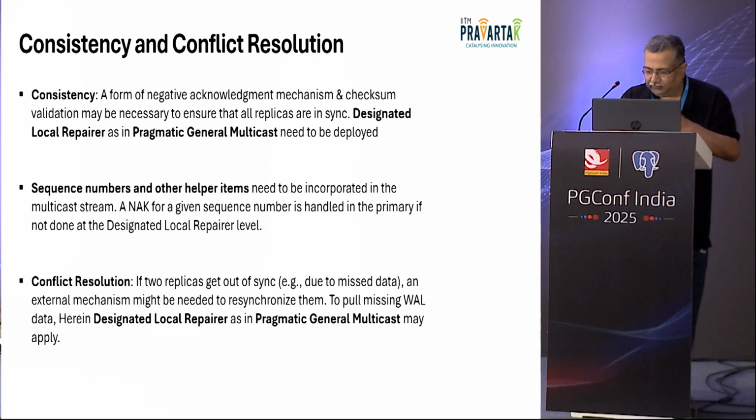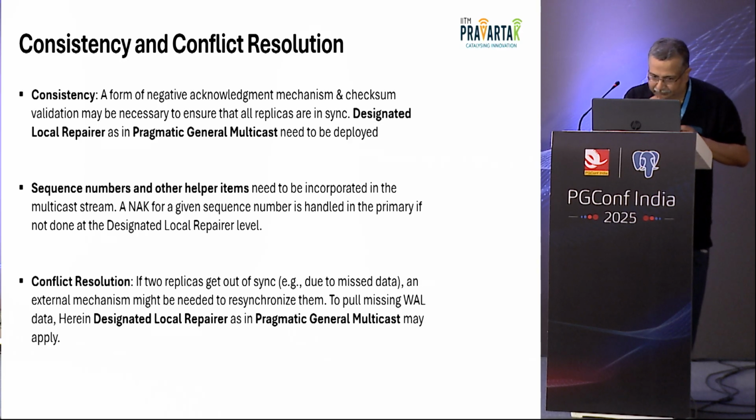And when the receiver detects that it has lost one packet or two packets or three packets, it will send a negative acknowledgement to the designated local repairer. The designated local repairer will look in its packet cache and then take that packet and send it back to the node that requested with the NAK.